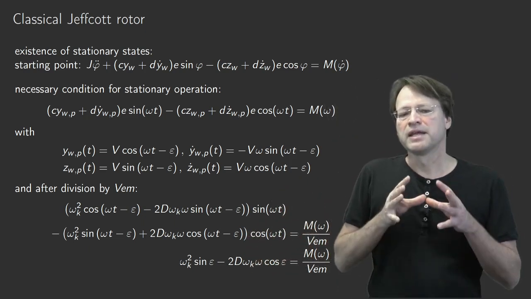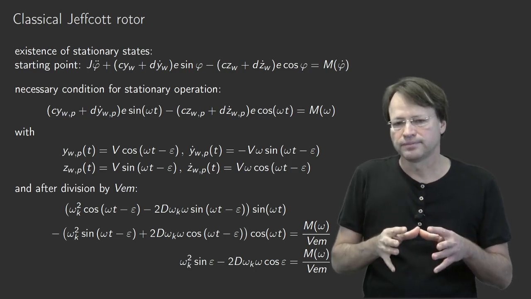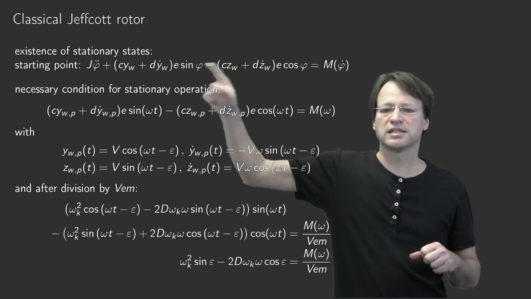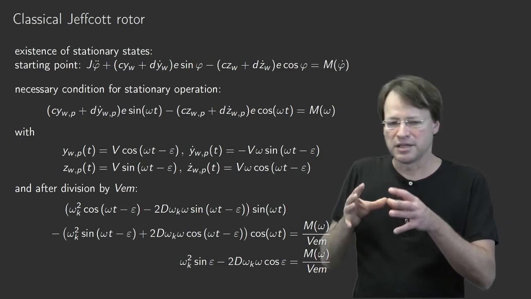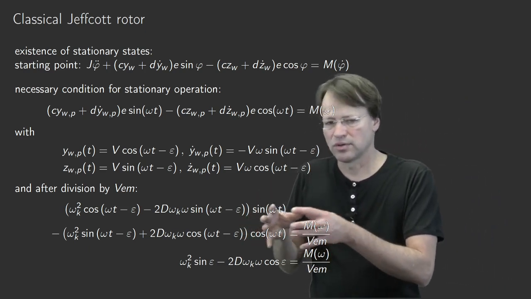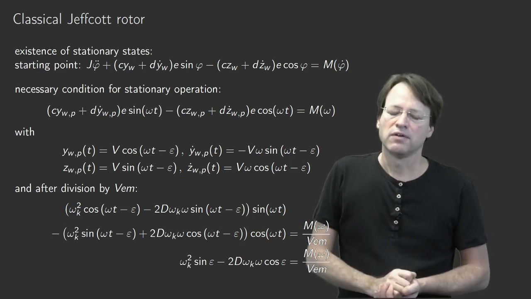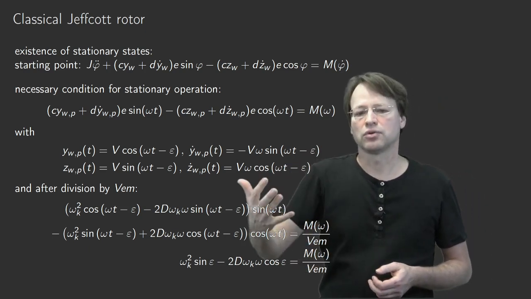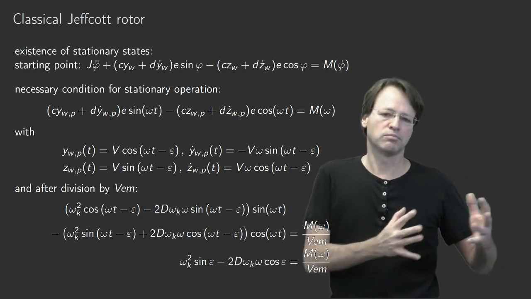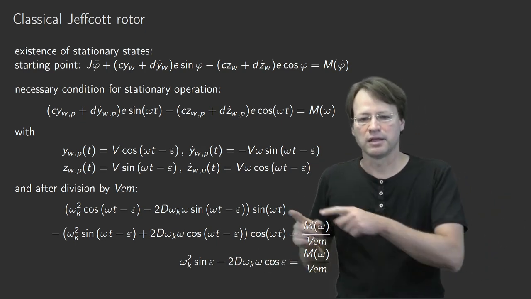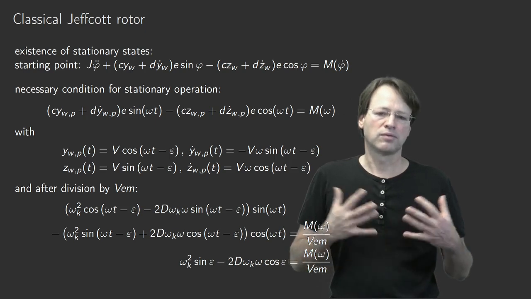Now there is equality between the system torque and the driving torque. And this will be the necessary condition for stationary operation, the balance between the system torque and the driving torque. What happens if there is more driving torque than system torque in that system? Well, if there is more input than the system can use, then what will happen?